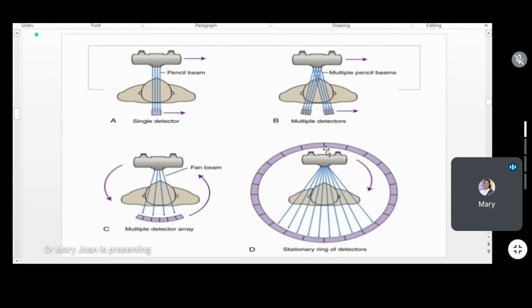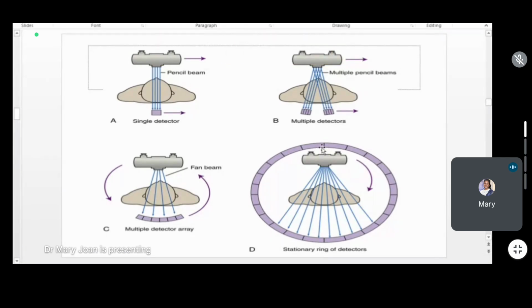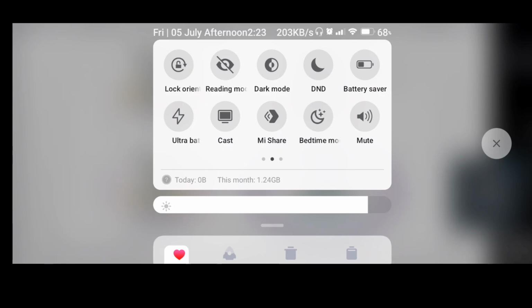It used to move from 0 to 180, then go back to 0, then 0 to 180 in the anti-clockwise direction, because from the point where the X-ray tube is, the cable needs to be that long to cover the whole distance. The X-ray tube has to move in this direction.